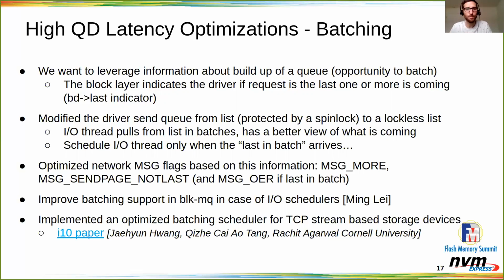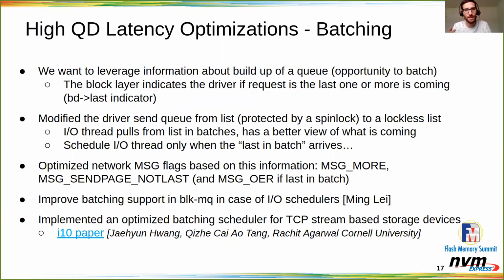Then we add this information and hand it to the network stack through message flags on top of our send operations to have the network act more efficiently. So, for example, if we know that we're going to send a piece of data to the network, and we know that we have a queue building up behind us, we'll indicate it with message more.